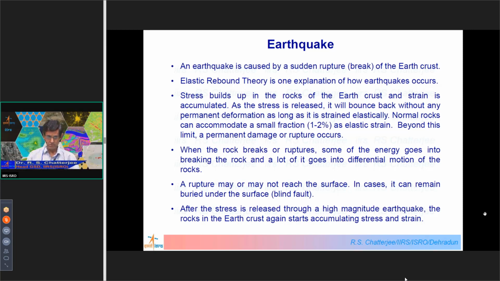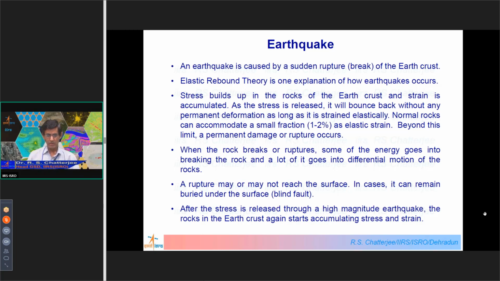Earthquake is basically caused by a sudden rupture or break of the earth crust. Here the elastic rebound theory is one explanation of how earthquake occurs. In the rocks of the earth crust, stress gets built up, and as the stress builds up, strain is accumulated.